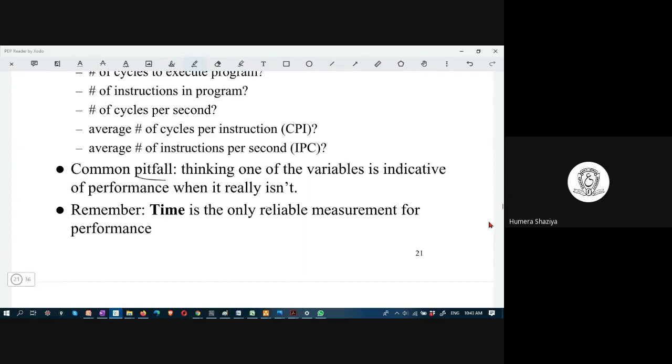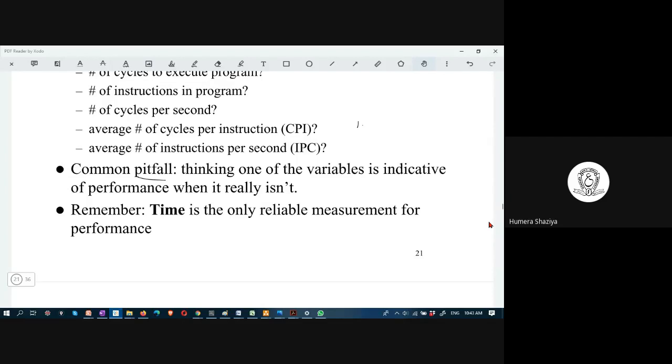A common problem that computer program designers or hardware designers come across is thinking that one particular factor has a direct influence on performance, when it would not have that much impact. It is like a dummy variable.